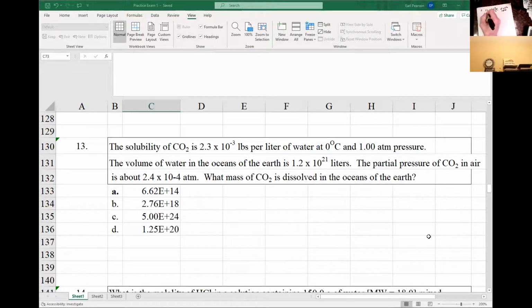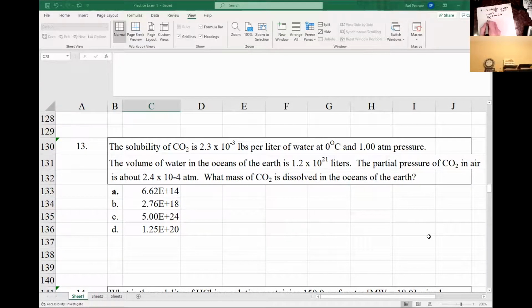Okay, and it says the volume of the ocean is 1.2 times 10 to the 21 liters, and the partial pressure of CO2 is equal to 2.4 times 10 minus 4. This is in atmospheres. Okay, that's what we got up there.